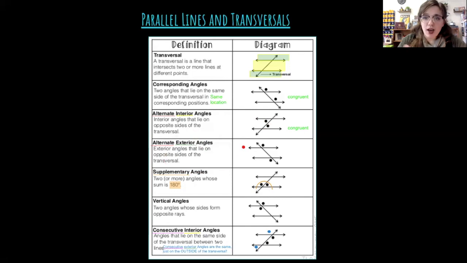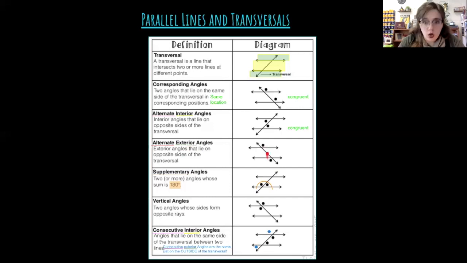Next, we have the opposite of that, so alternate exterior. So again, opposite sides of this transversal and on the outside of our parallel lines. So I have bottom left, top right.